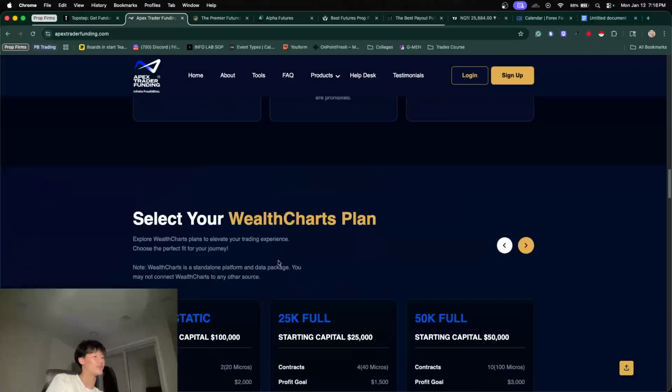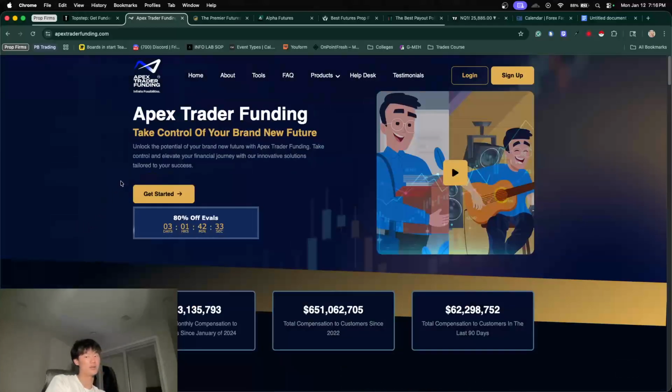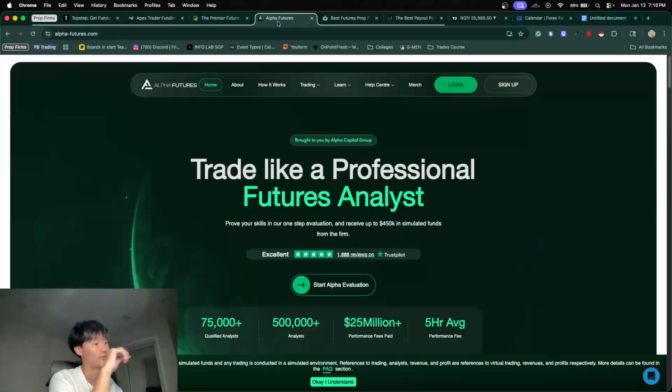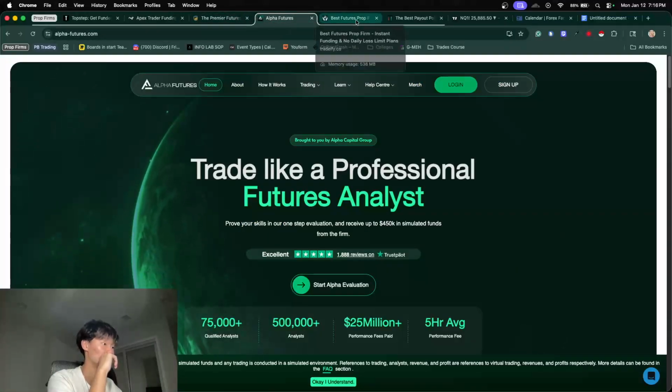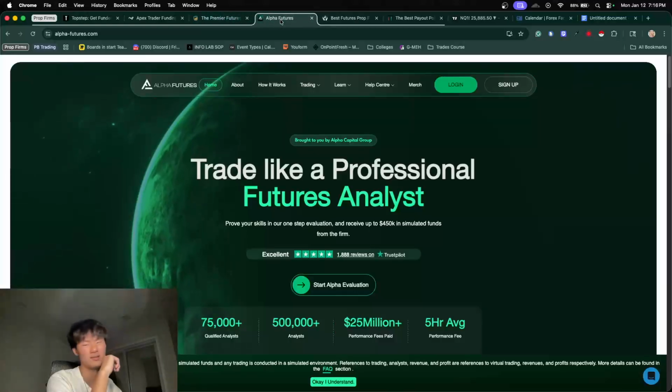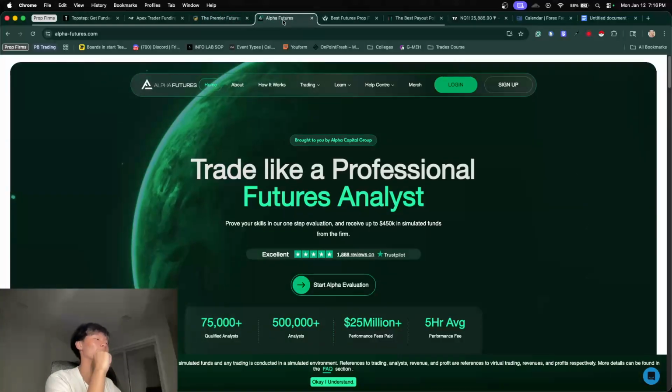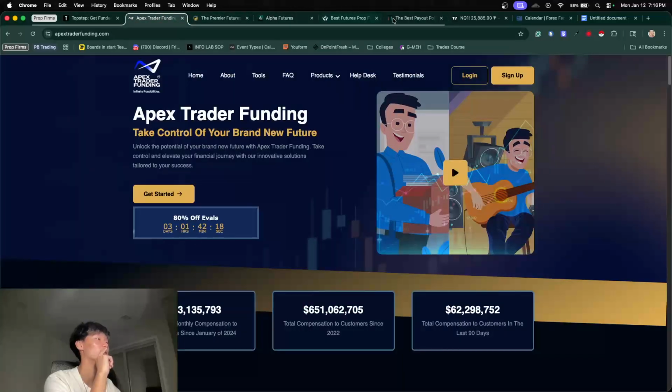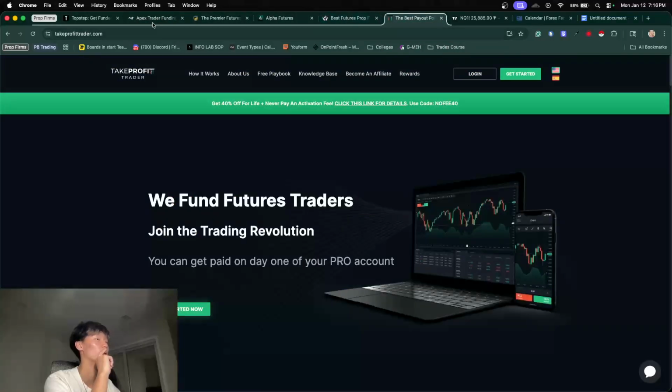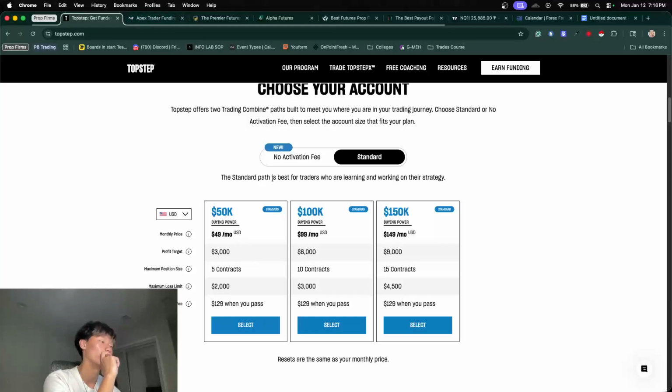But the activation fee, I don't know if that changes too. Apex has a lot of discounts and it happens often. Alpha is just straight up the most expensive. TJR, I think, is one of the big affiliates of Alpha Futures. Just know I'm not affiliated with any of them. Well, obviously I'm not, but yeah.